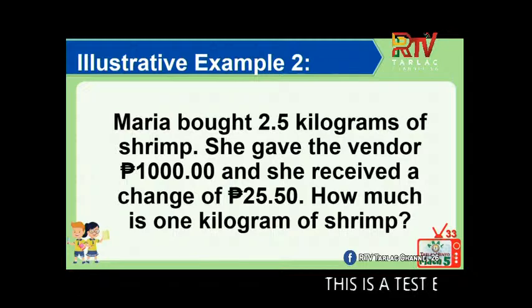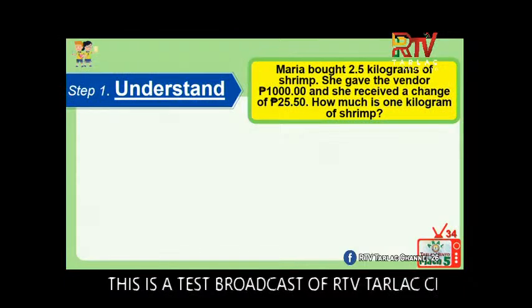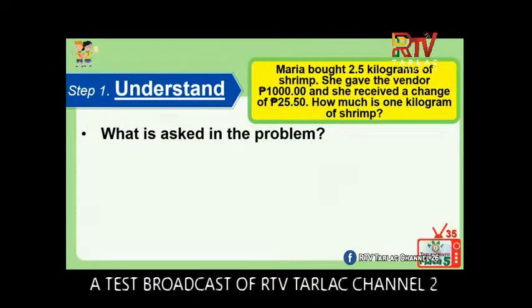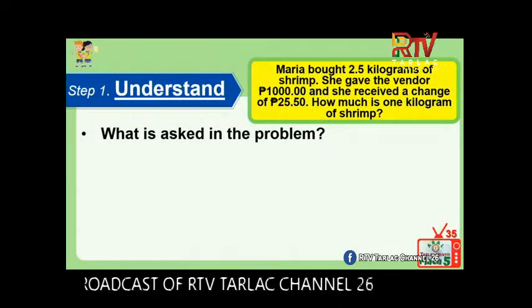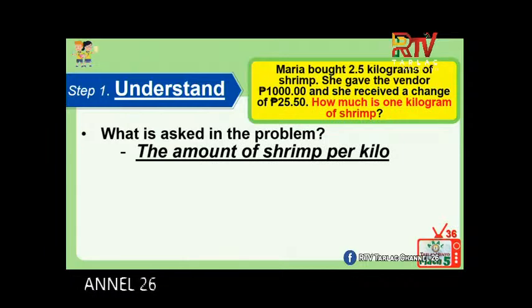How much is 1 kilogram of shrimp? Again, let's follow the steps we discussed earlier. Step number 1. Understand. What is asked in the problem? Answer: the amount of shrimp per kilo.